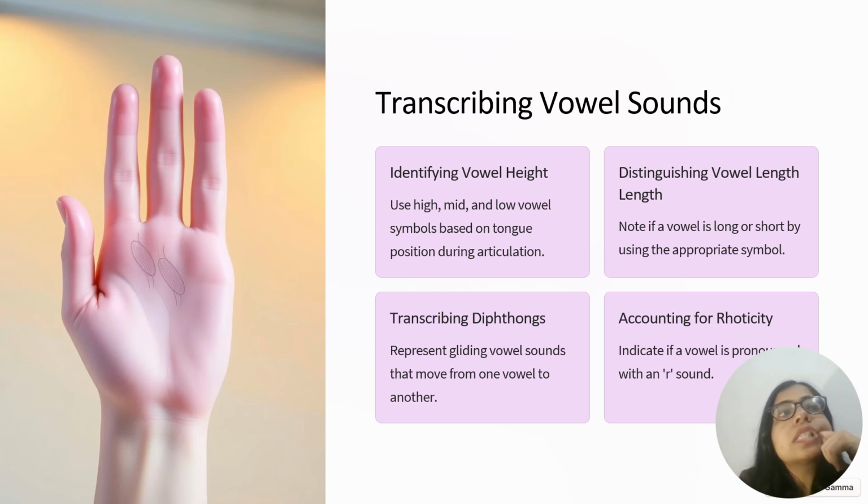What are diphthongs? The vowel sounds that glide from one vowel sound to another, and you have to represent them. Then accounting for rhoticity. Indicate if a vowel is pronounced with an R sound. What is rhoticity? When a vowel is pronounced with an R sound.